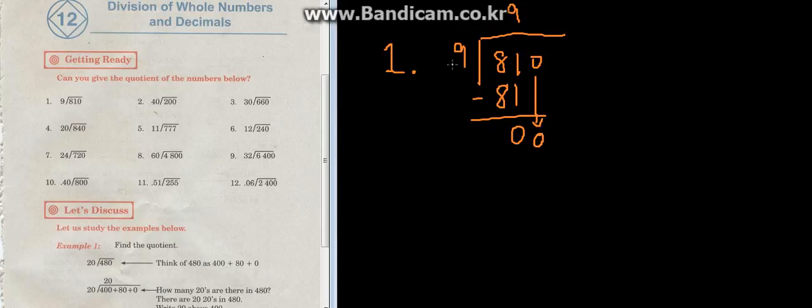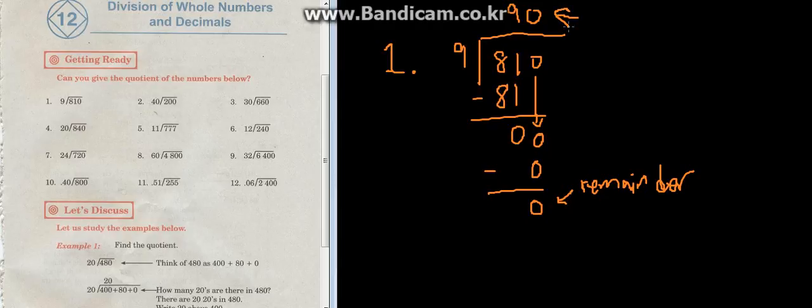And since you can't put 9 into 0, you put 0 up there, and the remainder that you get is 0. And the quotient that you get is 90. That's the quotient.